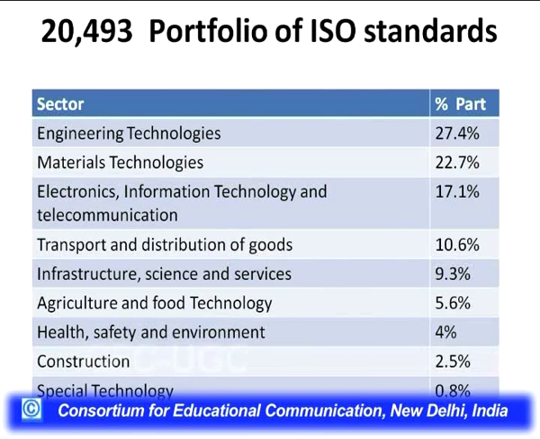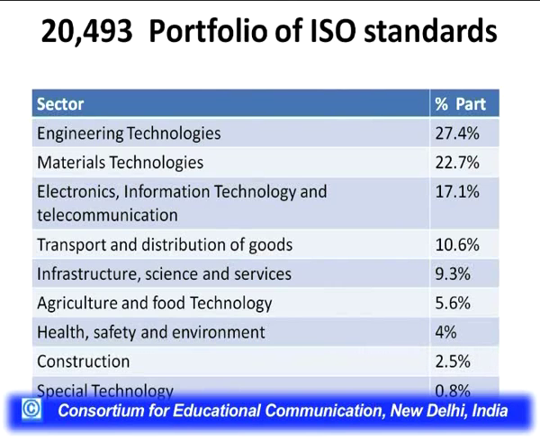Out of all publications, 27.4% is for engineering technologies, while 22.7% is for material technologies. So, I will say approximately 50% of the total publications as far as ISO standards are concerned are for engineering technologies and material technologies.